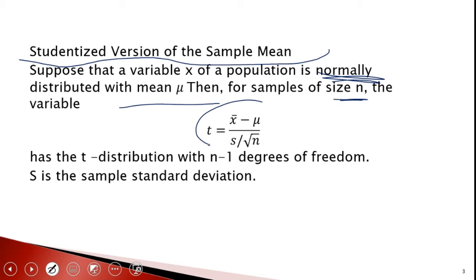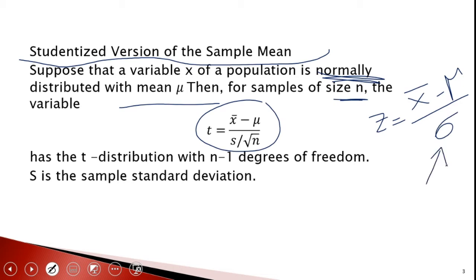You can calculate this t value like this. Do you remember how we calculated the standard value, the C value? C equals x bar minus mu divided by sigma, right? But in our case, we don't know this guy, right? We don't know sigma.